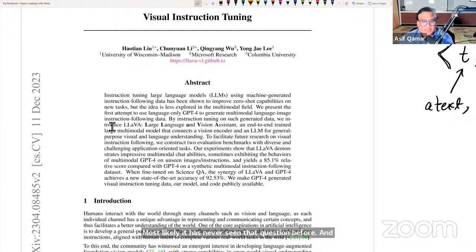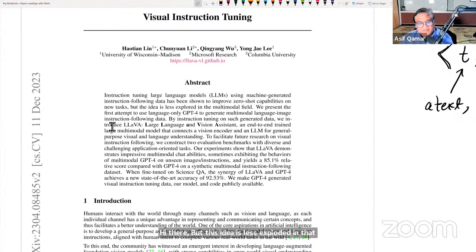The fact that it can still answer that is a zero shot capability. So most of our forms of interaction with these instruction tuned large language models are in some sense zero shot, utilizing its zero shot capability, and it answers our question. But this idea is less explored in the multimodal field.